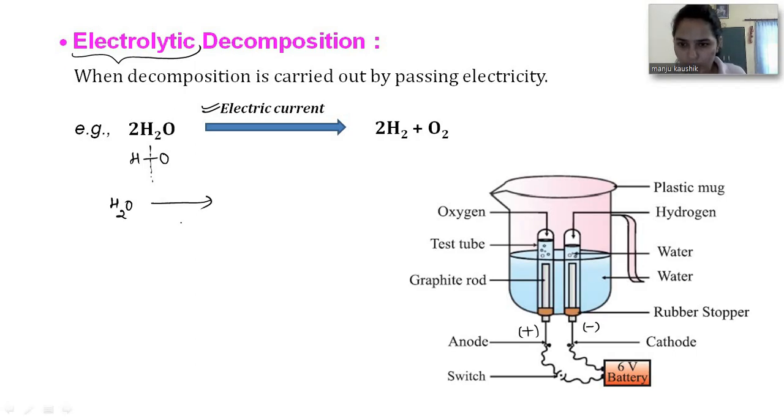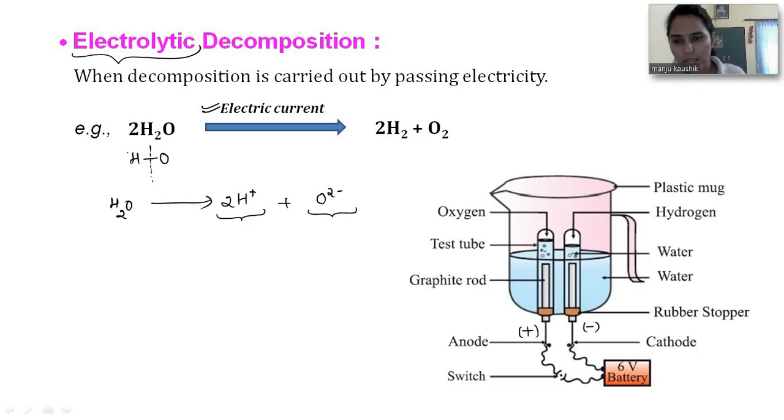When water is provided with electricity, it breaks down to form hydrogen ion and oxygen ion, H positive and O2 negative. So this is our positive cation and this is our negative anion.